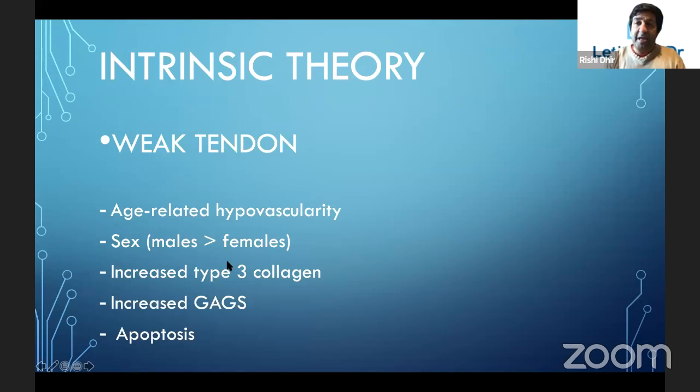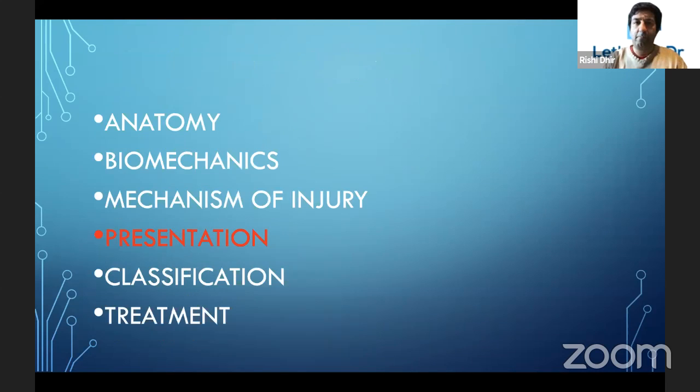There may be a link to more type 3 collagen or glycosaminoglycans, and there may be an underlying role for apoptosis as well. So we don't know exactly what causes rotator cuff tears, but these are the proposed theories, extrinsic and intrinsic. So let's move on to presentation.